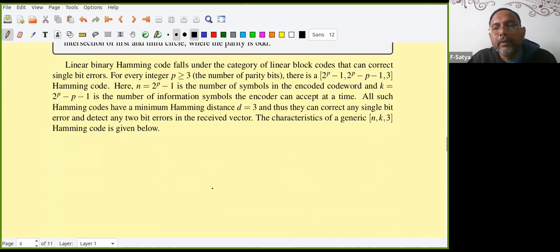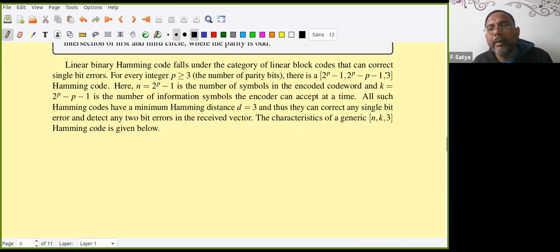Hamming code falls under the category of linear block codes that can correct single bit errors. For every integer p greater than or equal to 3, p is the number of parity bits. We have n equal to 2 power p minus 1, and k equal to 2 power p minus p minus 1.